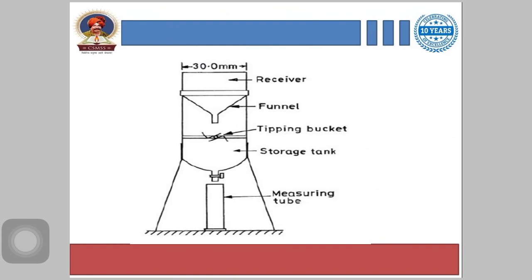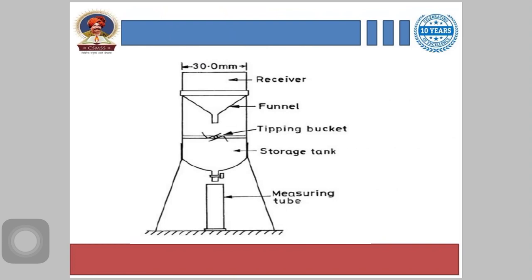The tipping type is used in hilly areas because the movement of the tipping buckets can be transmitted electronically over a distance, and in hilly areas there is no need for any manual recording of the rainfall, as it is actually not possible to take any manual recording there.